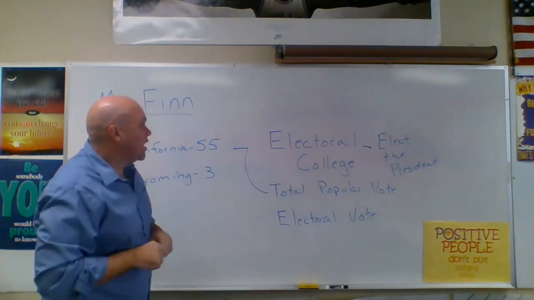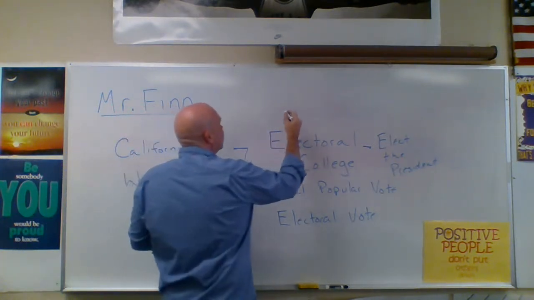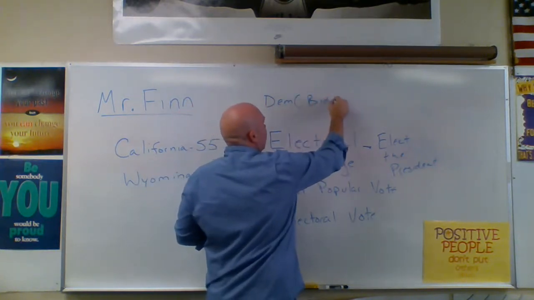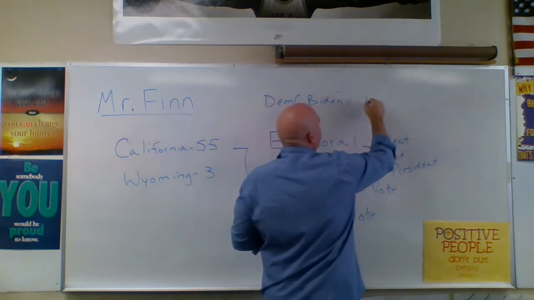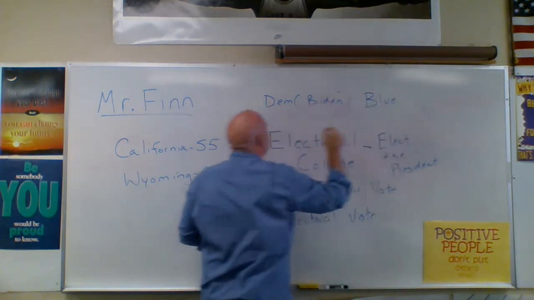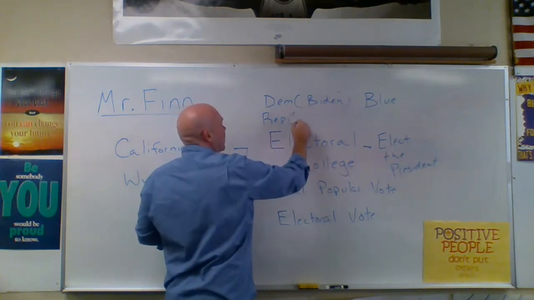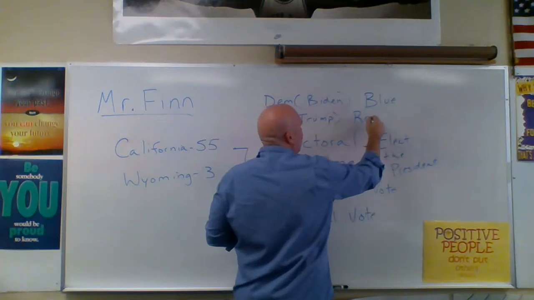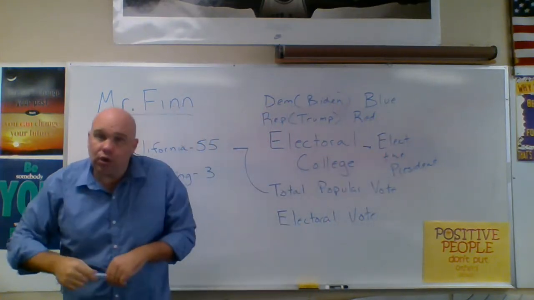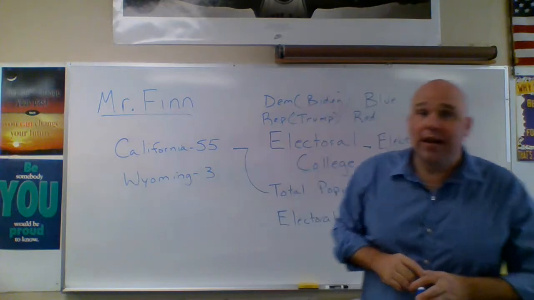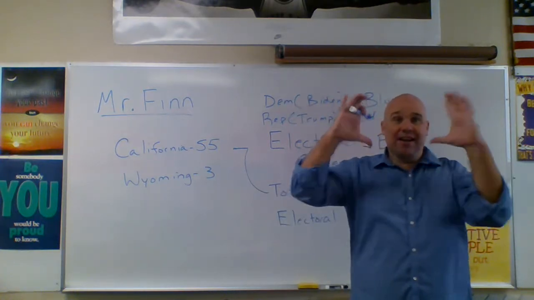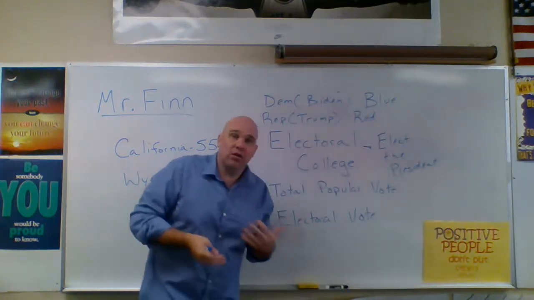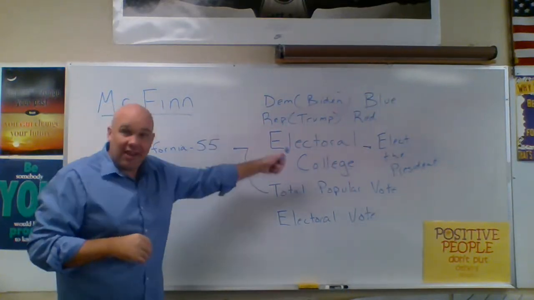You are going to see the representation of the Democrats and our Electoral College map. Biden is going to be blue, Republican, and Mr. Trump is going to be red. So when you look at the Electoral College map today for the election, you are going to see an election map that has a lot of just blue and red colors in all these different states, and that will tell you who won that state.